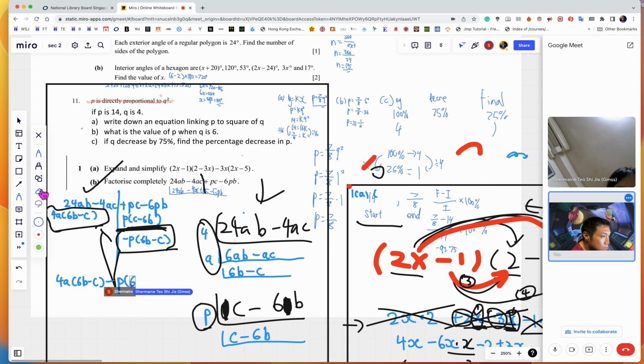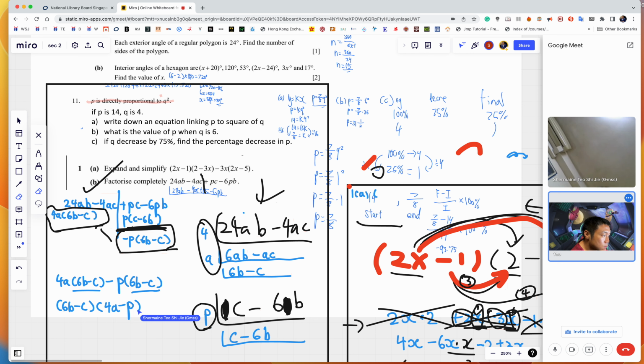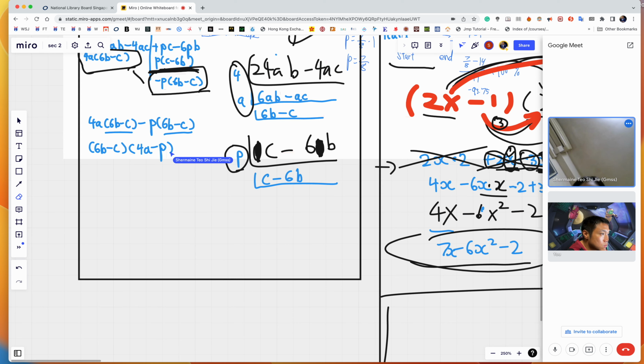Yep. Yes. Is this the simplest? Okay, so yep, this is the simplest already for this question.